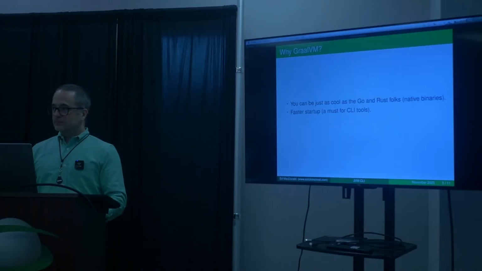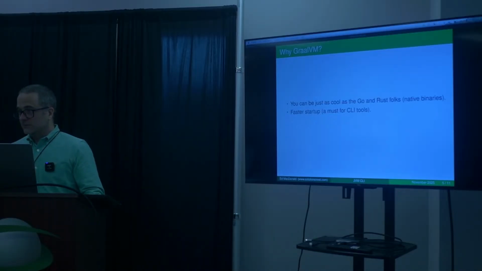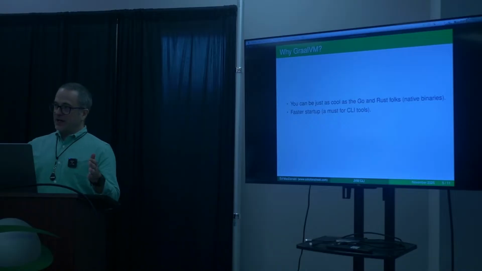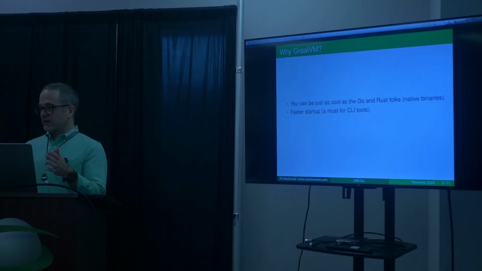So is GraalVM still a Java virtual machine? Is the code still compiled to either Java bytecode or just native machine language? I don't know exactly. What I do know is that Graal is just another JVM, so you can run it as a JVM, and it will produce jar files if that's what you want. If you ask it to produce a native binary, it produces a native binary.